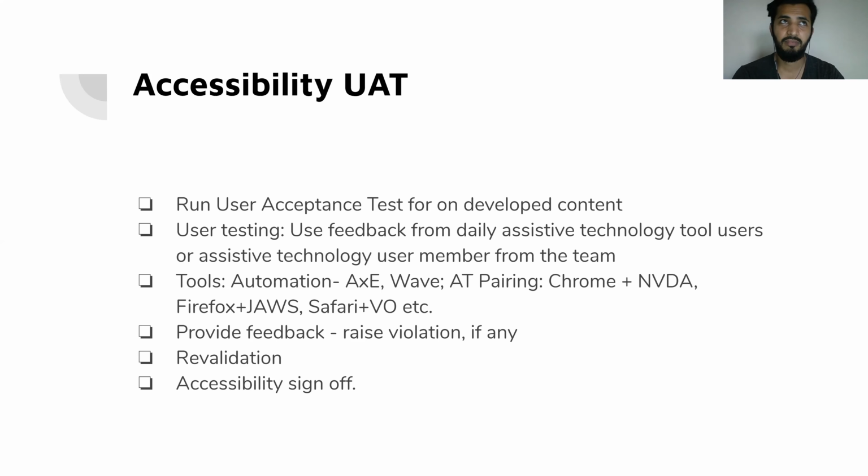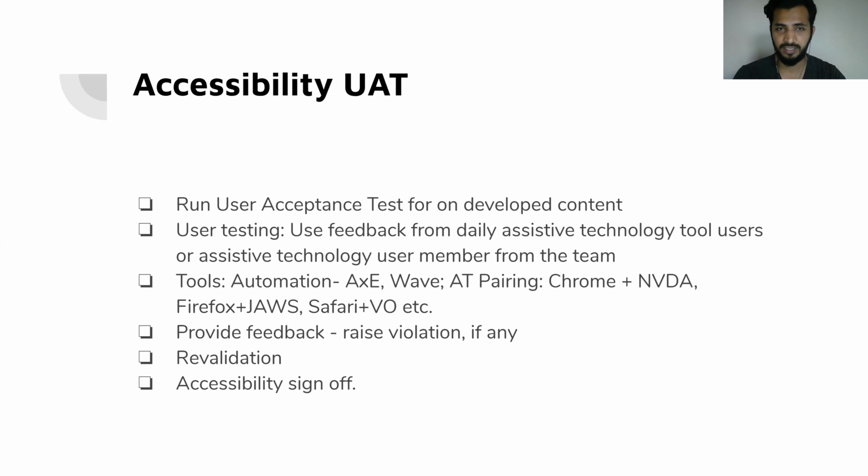Two, it poses legal risk as well. So for both of these reasons, evaluating your developed product before it goes to production is really, really important. And raising those high and critical violations and making sure they are taken care of before the product goes to production is extremely important.